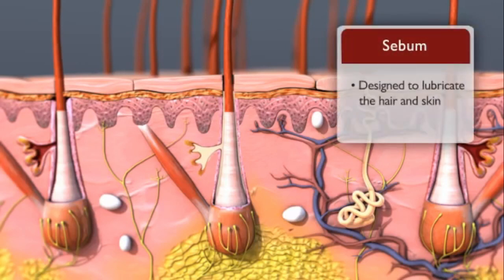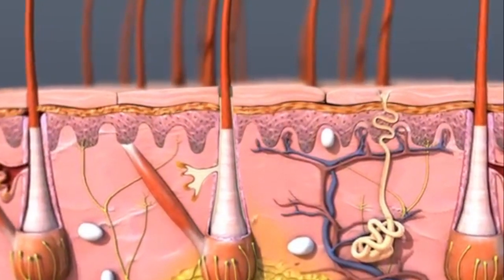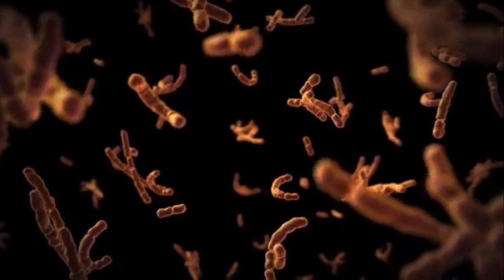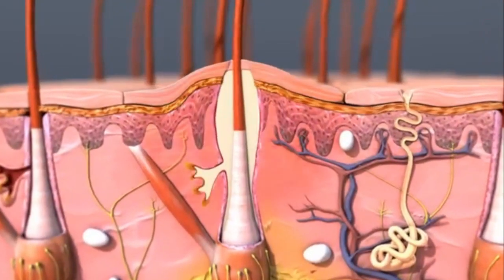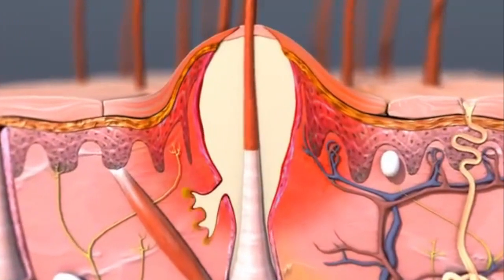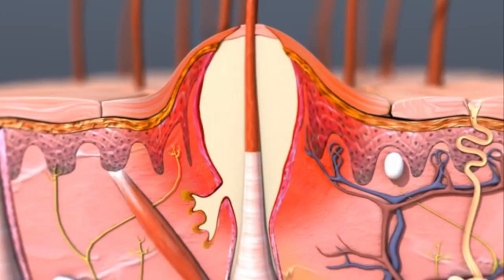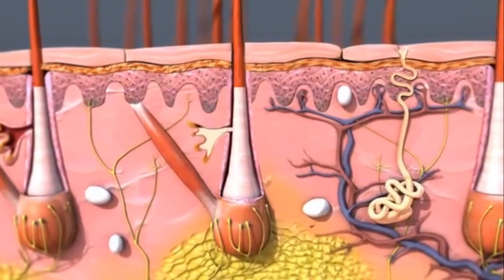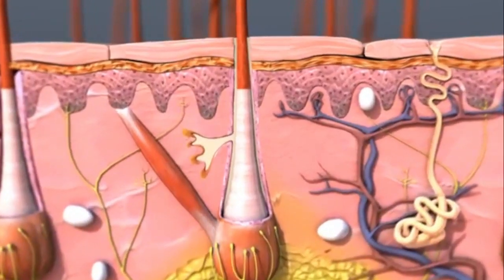Sebum is designed to lubricate the hair and skin and usually drains to the surface. Sometimes, however, the sebum becomes blocked and bacteria begin to grow. If the buildup of sebum and bacteria does not have an opening to the surface of the skin, it is called a whitehead. A blackhead forms if the pore opens to the surface, allowing air to enter.